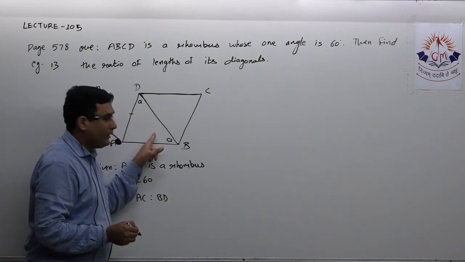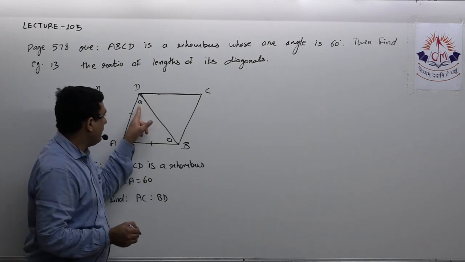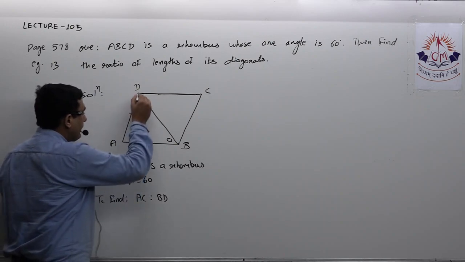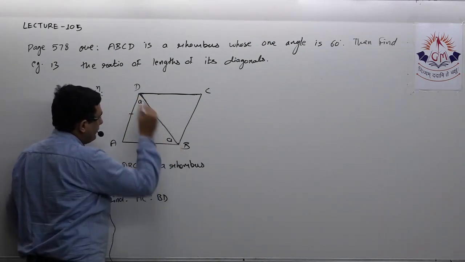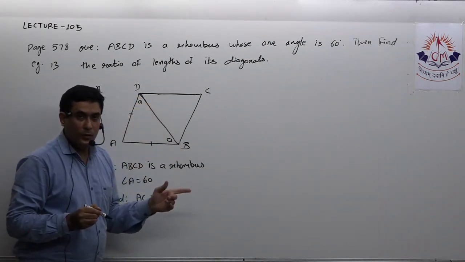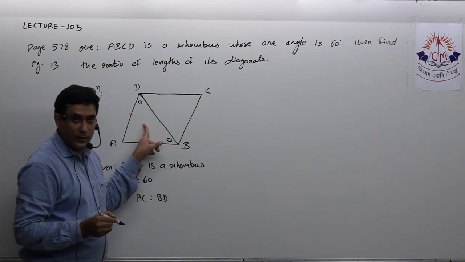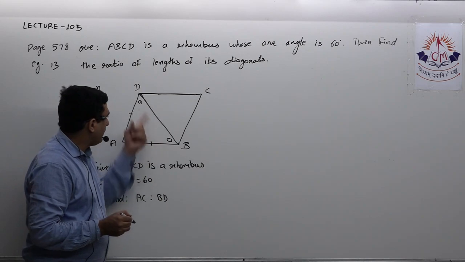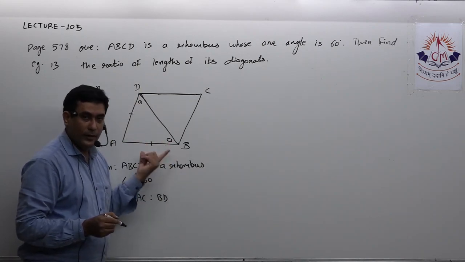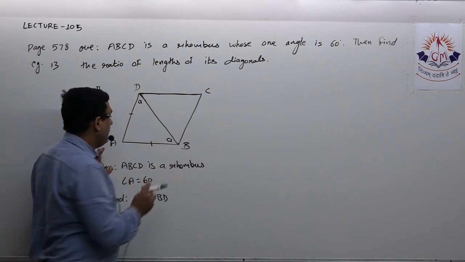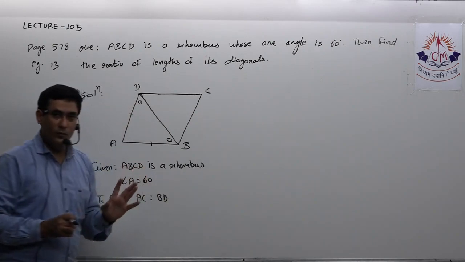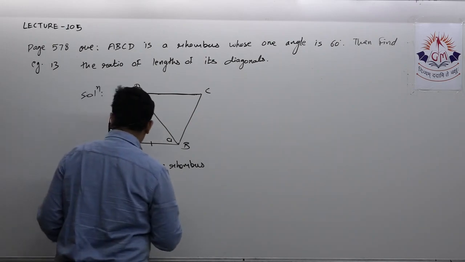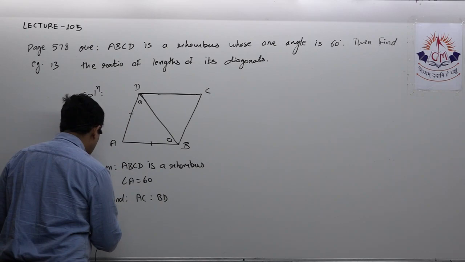That means 2A is equal to 120, hence A equals 60. It means all three angles of this triangle are equal, so it's an equilateral triangle. Now if I assume AB equal to x, I will get BD equal to again x. That means I will get the length of one diagonal. So let us see how to solve it stepwise.